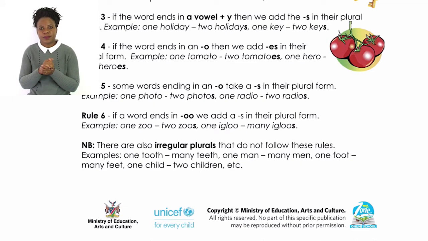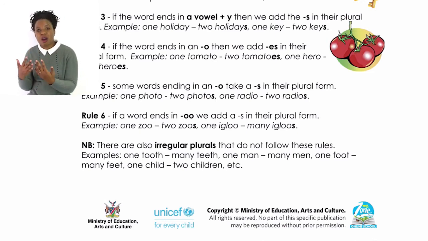There's one thing that I want you to understand, boys and girls. Not all nouns are added ES or S. There are also irregular plurals that do not follow these rules at all. For example, one tooth, if there are many, we don't add S or ES. They become teeth. Tooth, teeth.